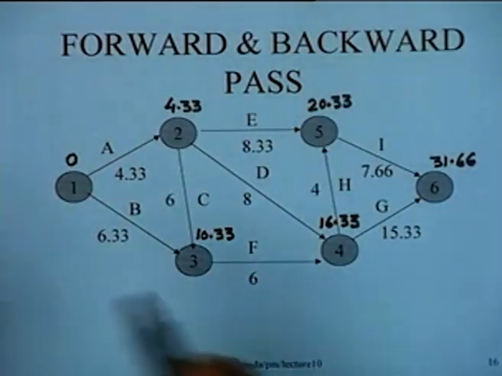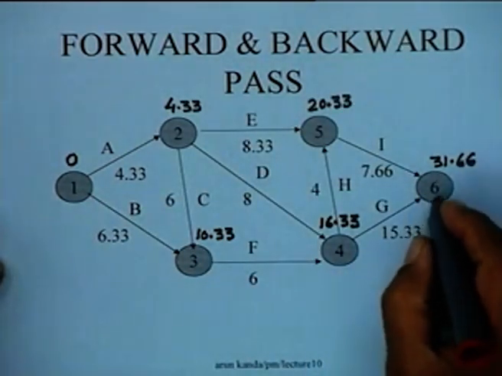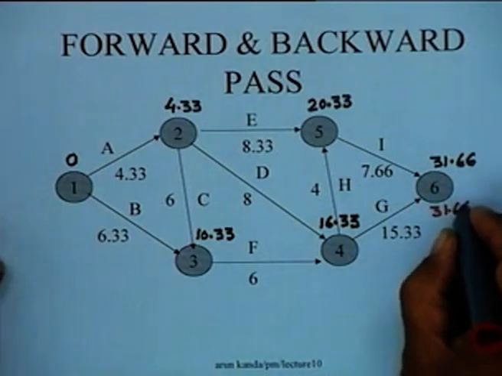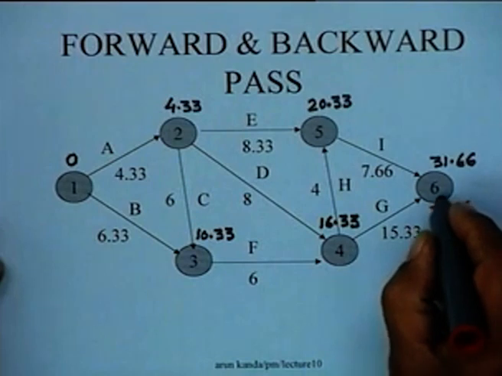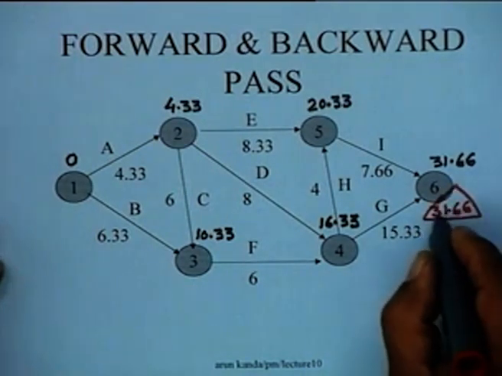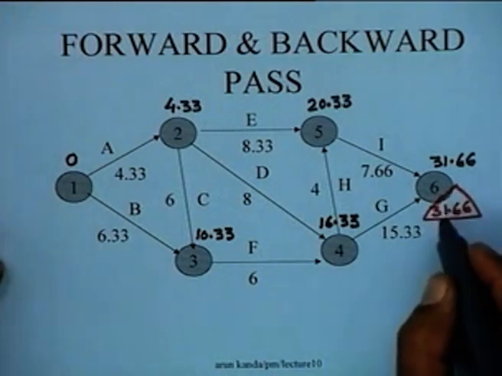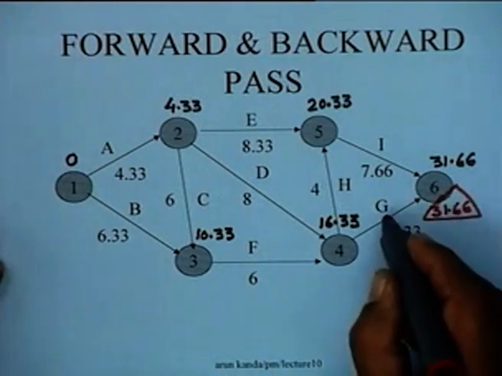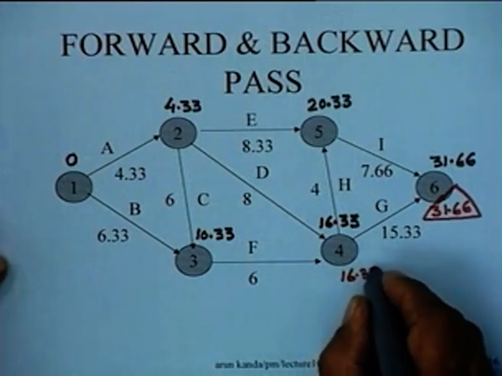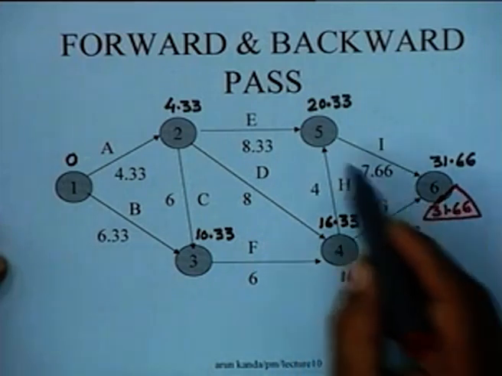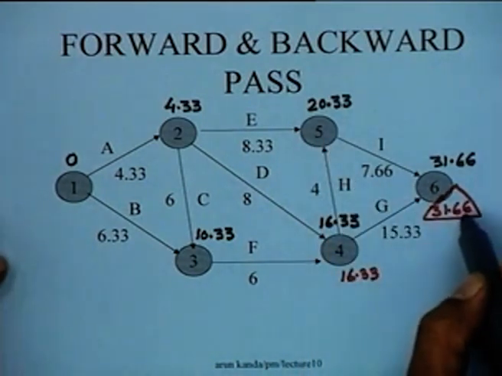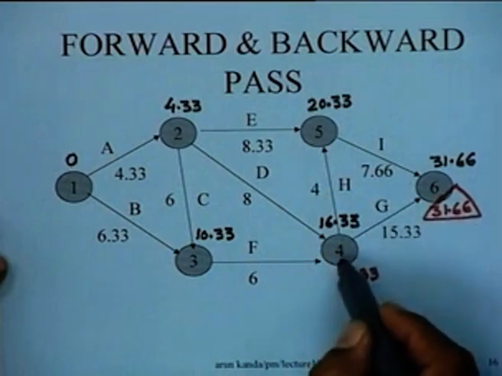Let me use a different color for the backward pass. Let's say this value is 31.66. This is the value of the latest occurrence time of node 6. Sorry, we'll first have to compute the value of node 5. 31.66, because there are two outgoing arcs, we cannot yet compute node 4.